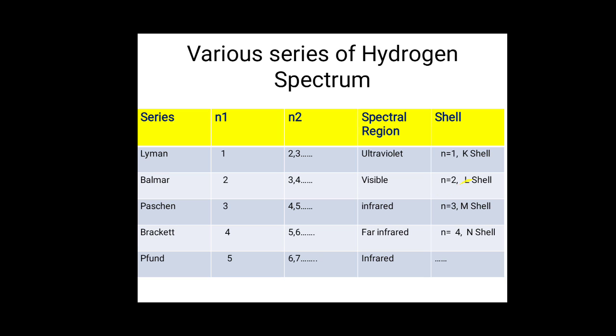The Paschen series arises due to transition of the excited electron from the higher energy level, N2 equal to 4, to N1 equal to 3 in the M shell. The Brackett series arises due to transition of the excited electron from the higher energy level, N2 equal to 5, to n equal to 4 in the N shell.